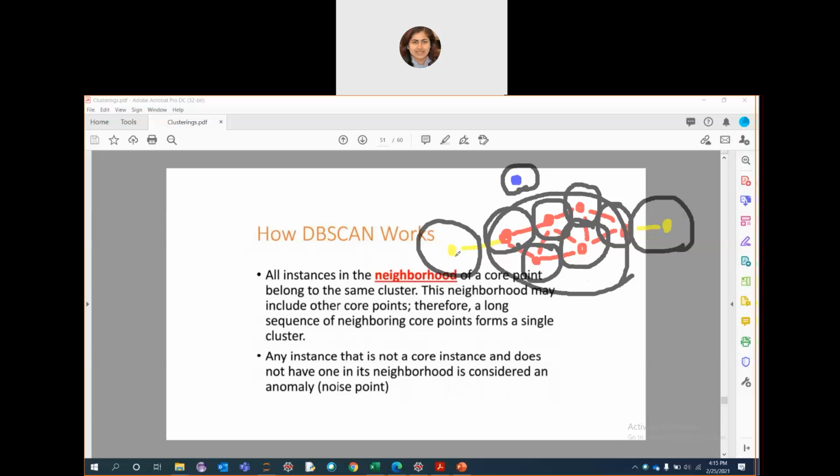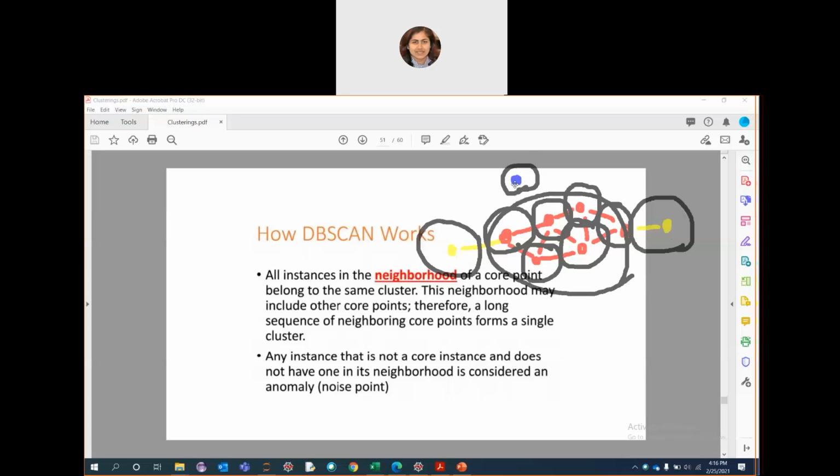The 2 yellow points, including themselves, are within the neighborhood, that is the area with the radius of the epsilon defined. So in that way, we consider them as border points.